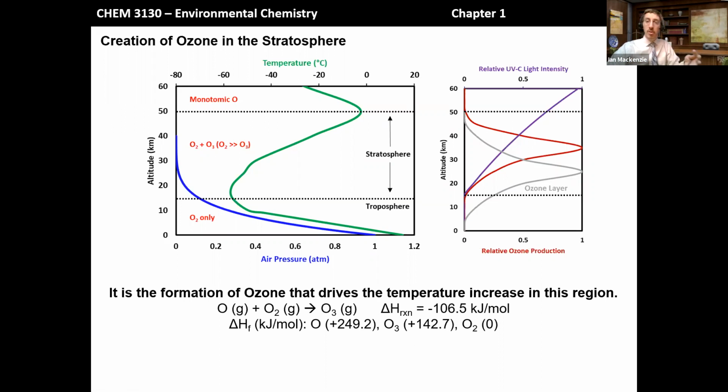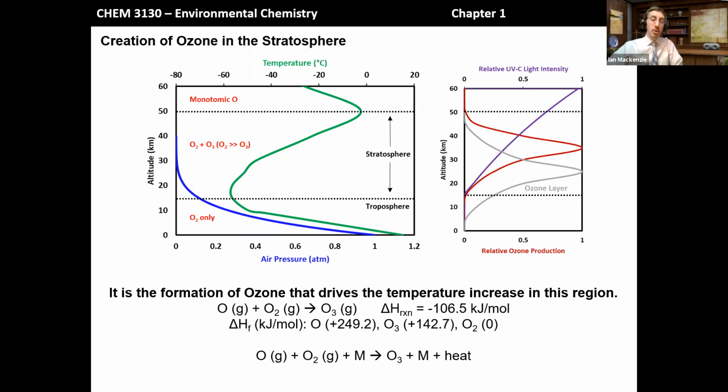Now, the question might be asked, where does that heat actually go exactly? Well, it's maybe more helpful to draw the reaction of ozone formation in this way, where we've got O plus O2 plus some other molecule. It might be nitrogen, N2, or argon, one of the other gases that are present, going then to form O3 plus, again, that molecule plus heat, where essentially the excess energy is transferred to that other molecule and then given off as heat, generally in vibrational modes.